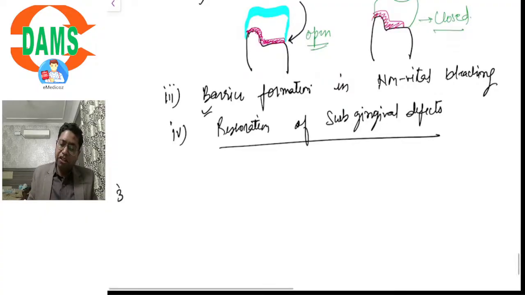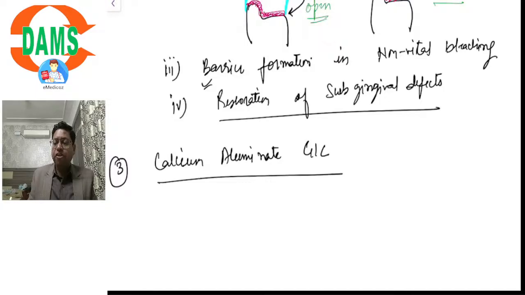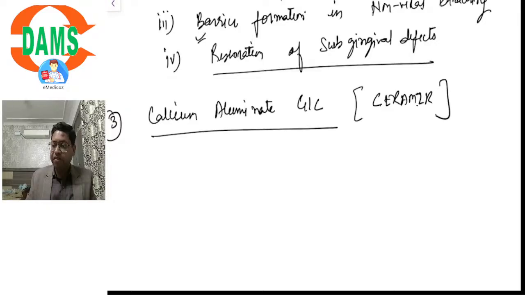Then another modification is calcium aluminate GIC, which is commercially available under the trade name of Ceramir. As the name indicates, calcium aluminate GIC consists of a powder, which is glass powder, like conventional GIC.